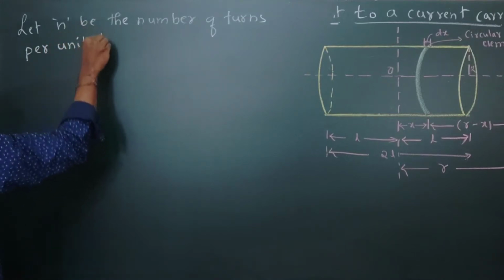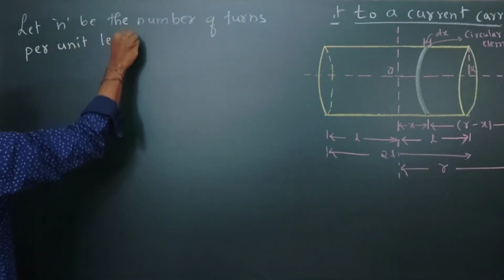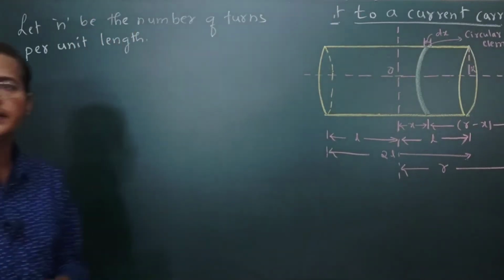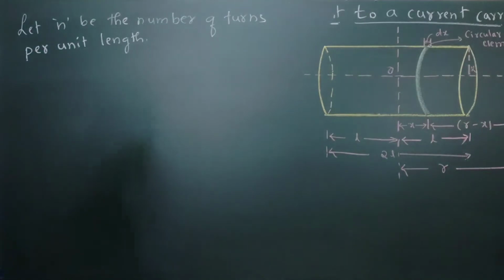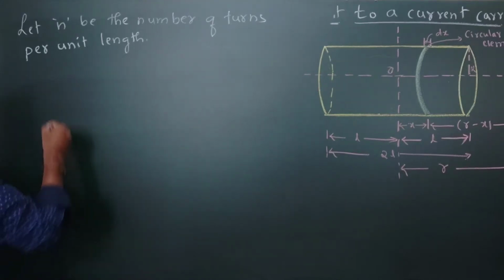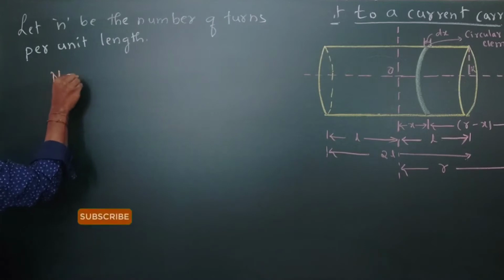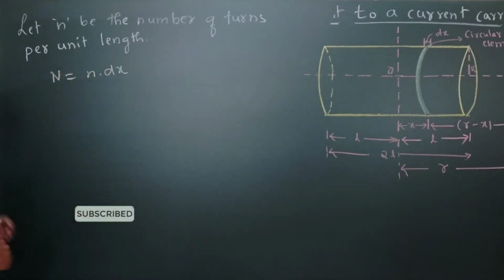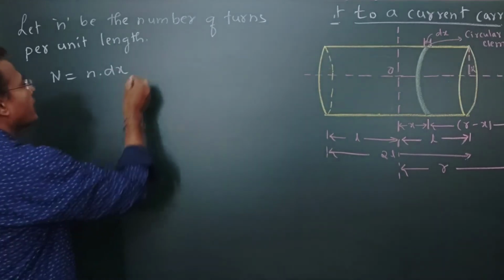Then capital N, the number of turns in the element, is equal to small n into dx. So capital N equals small n into dx, the number of turns in the element of the solenoid.